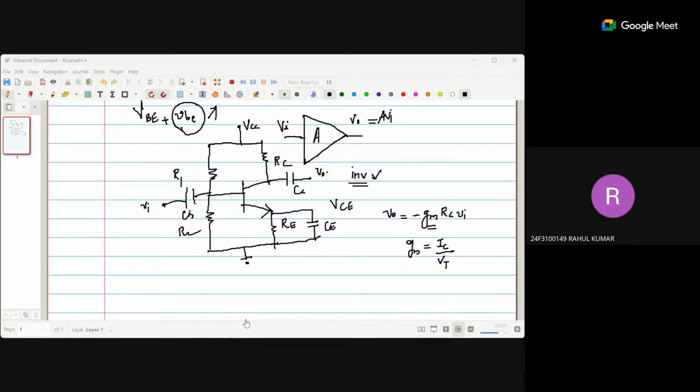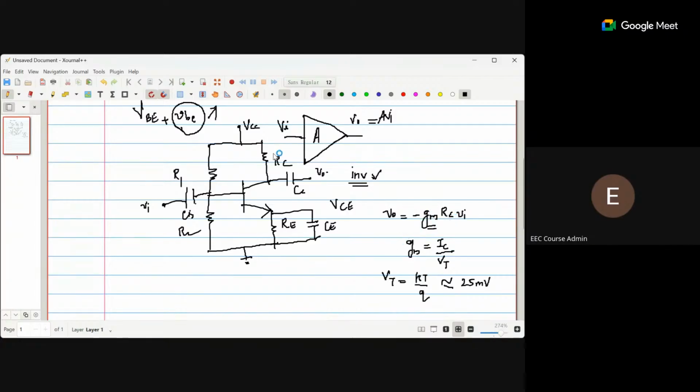So it is a ratio of I by V. Your output current is IC, and here what is this VT? Thermal voltage, KT by Q, and what is the value? It will be approximately 25 millivolt at room temperature. So gm is the transconductance.